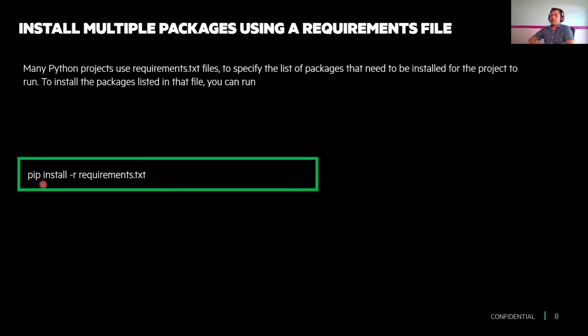Sometimes we have to deal with several different packages and their different versions. In those cases, the requirements.txt file becomes handy. In the requirements.txt file, we can list all the required packages and their versions. By just typing install -r and specifying the requirements file, we'll be able to install all the packages in one go.